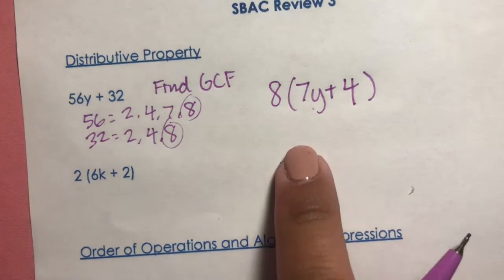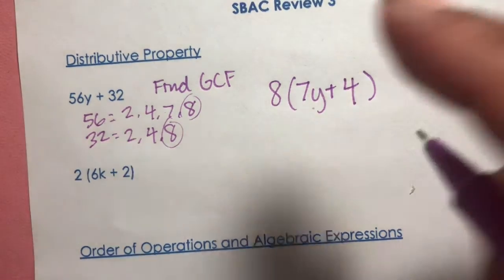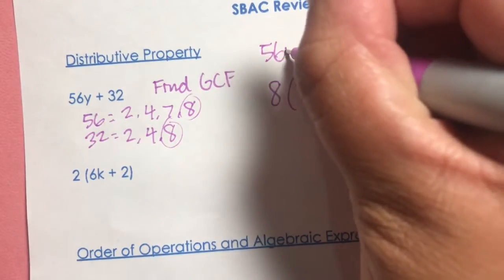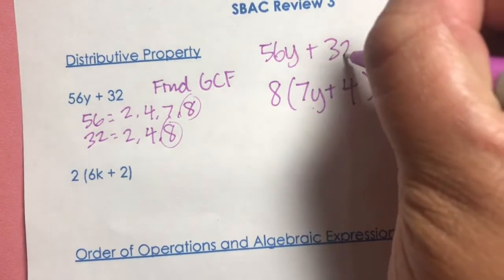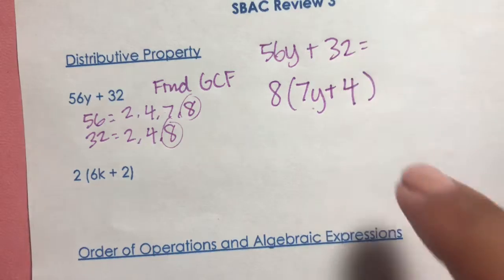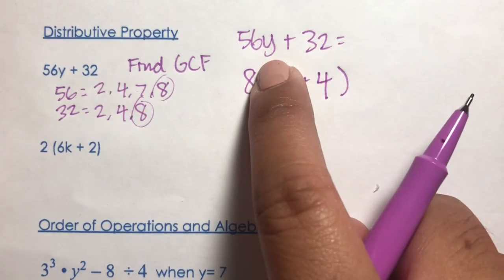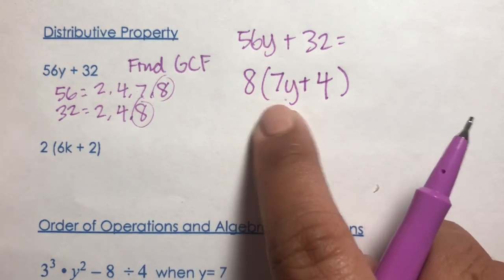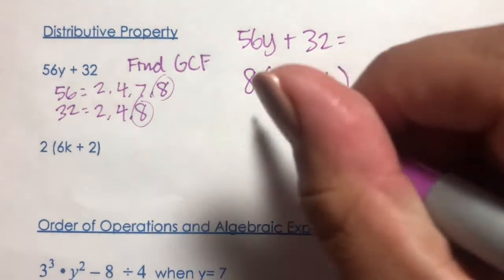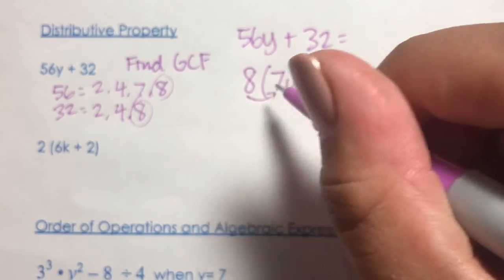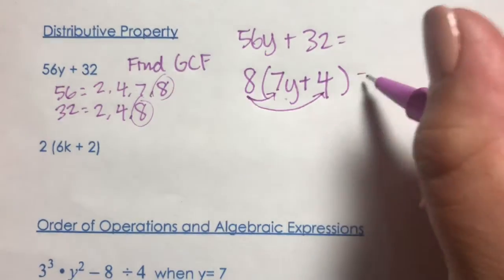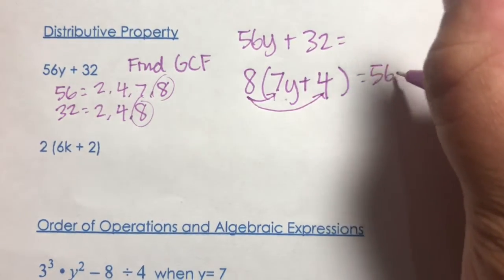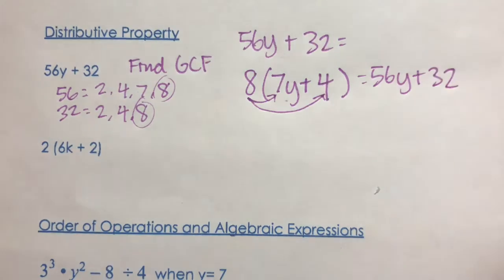So that is our expression that is equivalent to 56y plus 32. These two expressions are equivalent to each other, because when we factor out the 8, we have 7y plus 4, and then if we distribute it again, it will also equal, again, 56y plus 32.